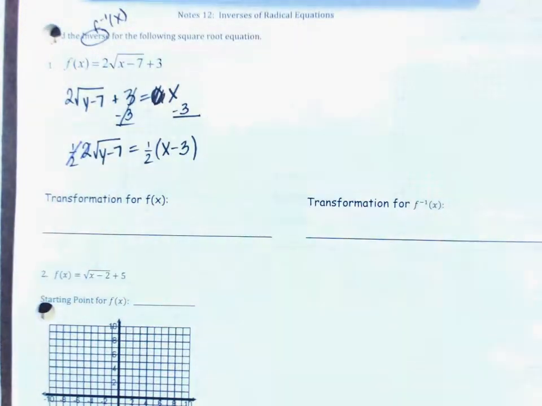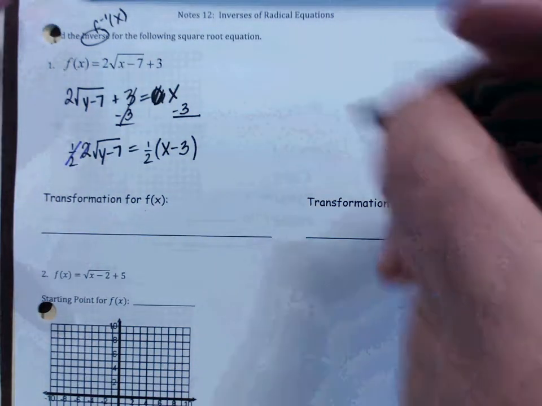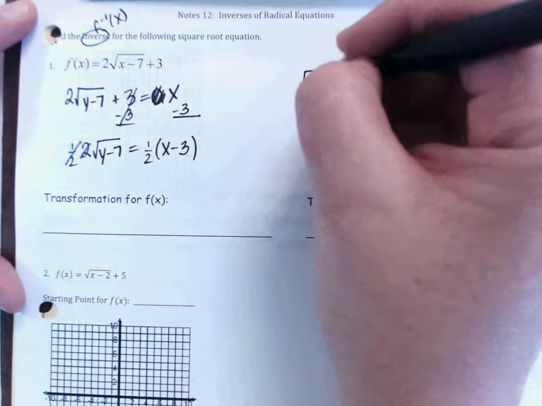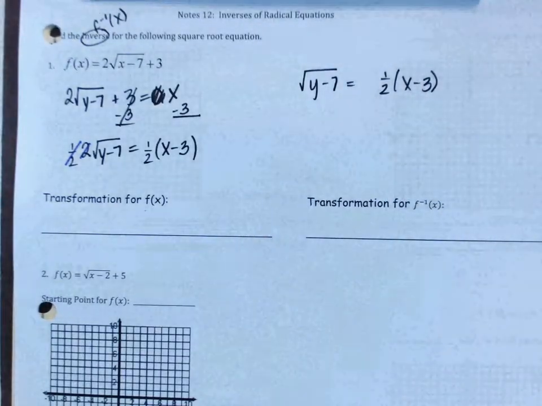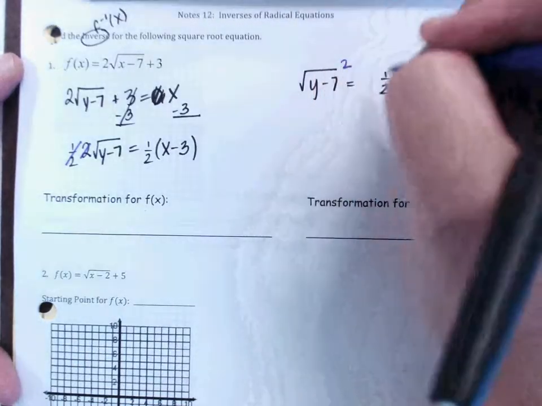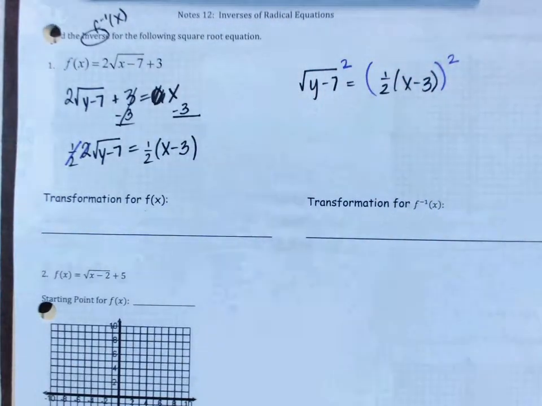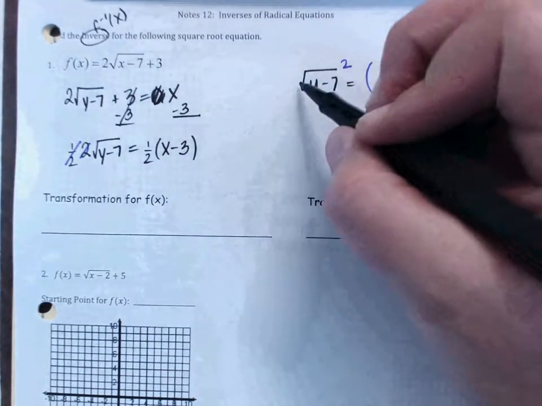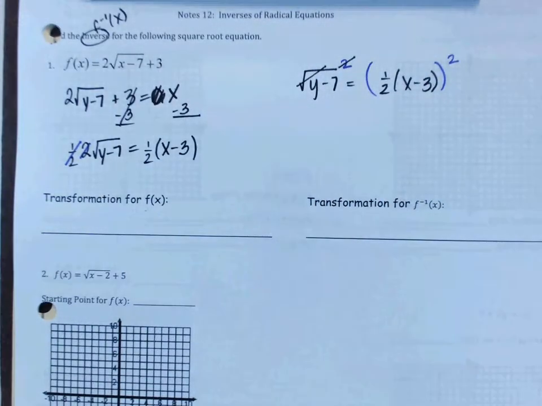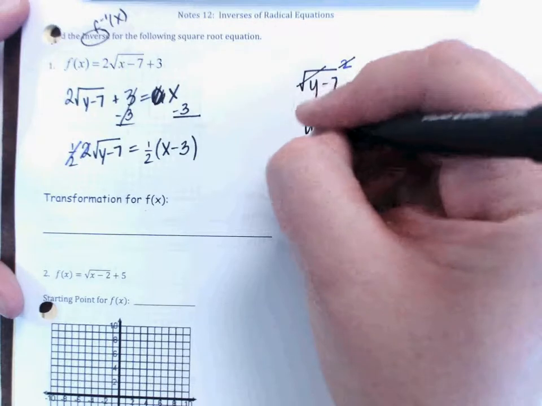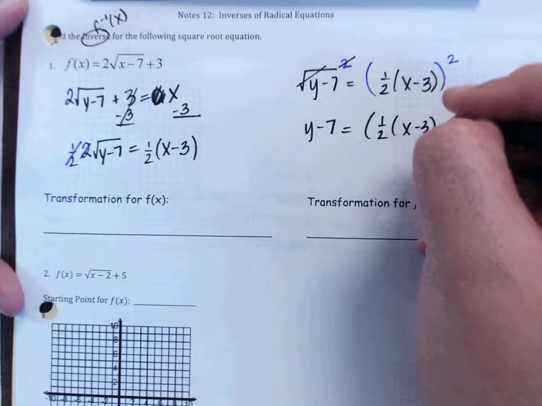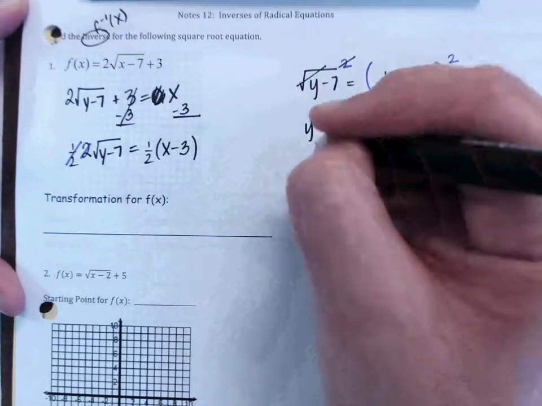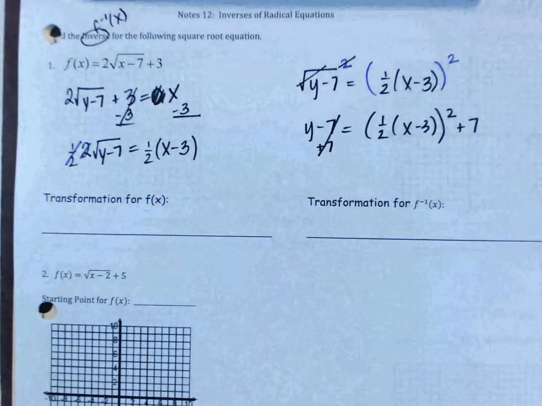From here, I have the square root of y minus 7 equals 1/2 (x minus 3). To get rid of the square root, you have to square both sides, and then these cross out. y minus 7 is left over. What's your last step? Good. So I have y equals (1/2 (x minus 3)) squared plus 7.